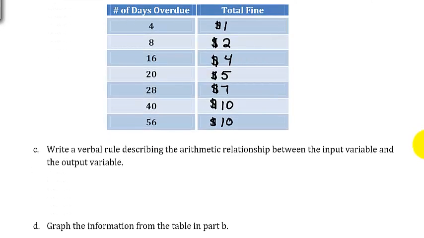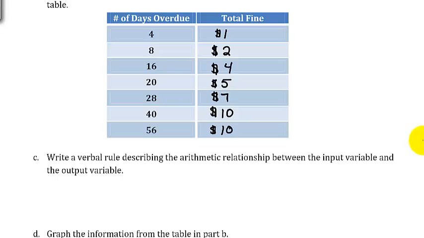Write a verbal rule describing the arithmetic relationship between the input variable and the output variable. So let's see, what does this say? Write a verbal rule that describes the arithmetic relationship between the input variable and the output variable.